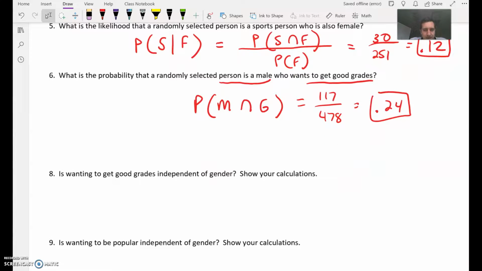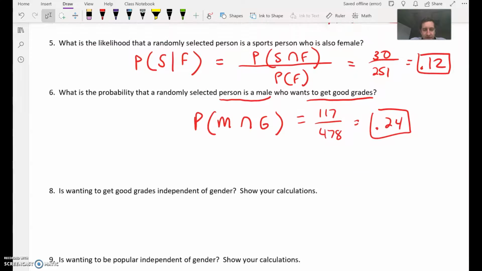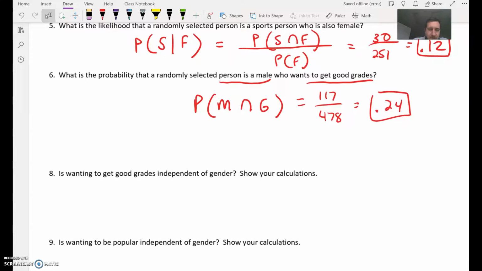Number 8 is wanting to get good grades independent of gender. The way we test independence is we find something like this. What's the probability that you're a male? And then we're testing grades and gender, so we need to compare that to the probability of being male given you make good grades.